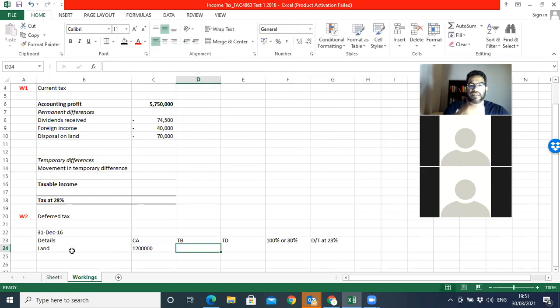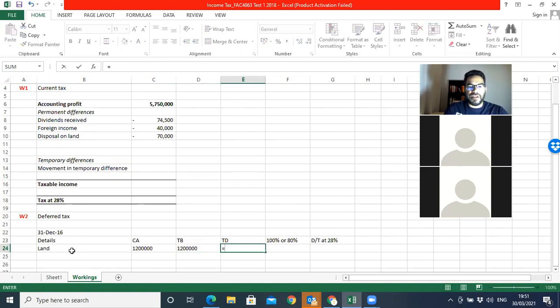But remember, they're using the cost model, so it'll only be the cost price. There's no revaluation and there's no depreciation. From a land perspective, there's never depreciation. The tax base for land is always going to be the cost price, which is also 1.2 million. So the temporary difference is carrying amount minus tax base.